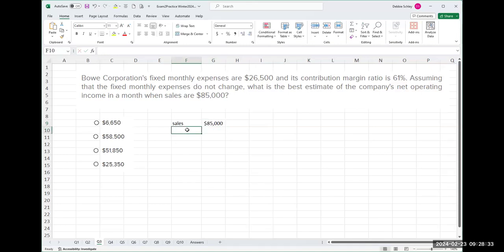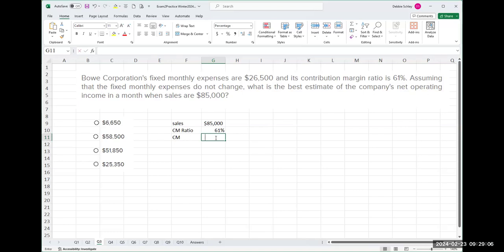And they told me my CM ratio is 61%. Whoops, I want that to be a percent. So then I can figure out my contribution margin, right? If I know what portion of sales, 61% of sales is my contribution margin.